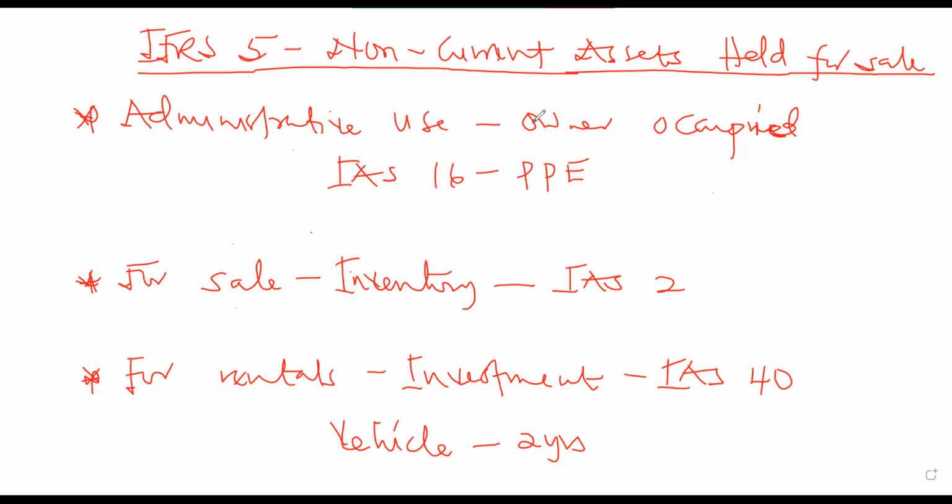So held for sale comes in when the company has made a decision that we are no longer going to use this particular asset for administrative purposes, but we want to sell it. So if the company made a decision to sell the asset, then they have to classify the asset as held for sale in their books.